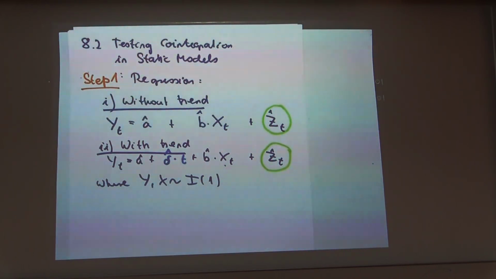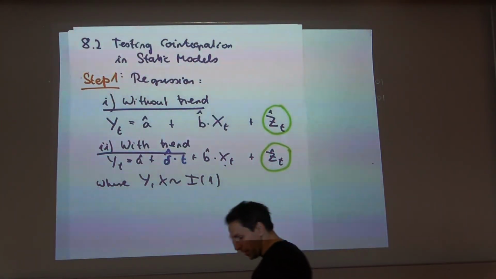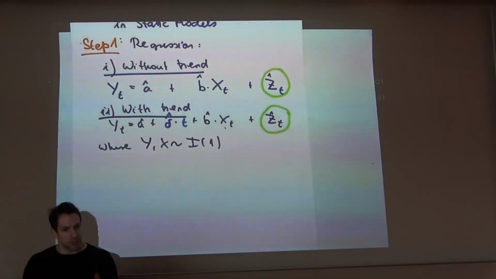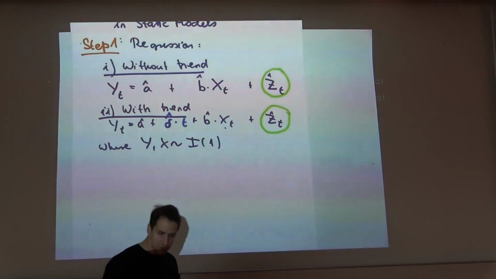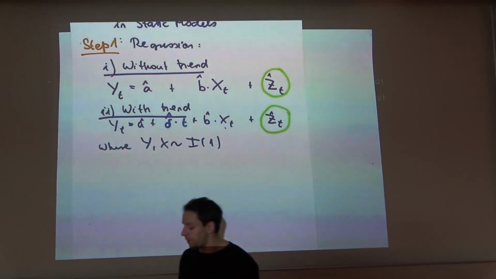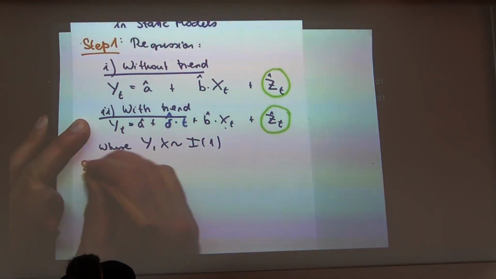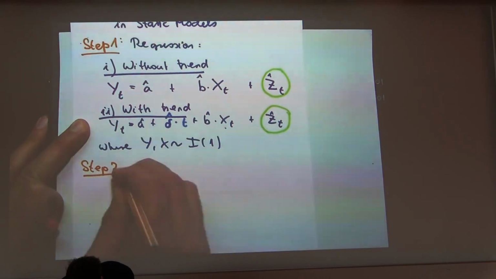You don't have the error correction model where this is examined. But this is a simple idea, and that was also proposed by Engle and Granger in the original paper in 1987. So how would you detect cointegration? That was just the first step towards that.